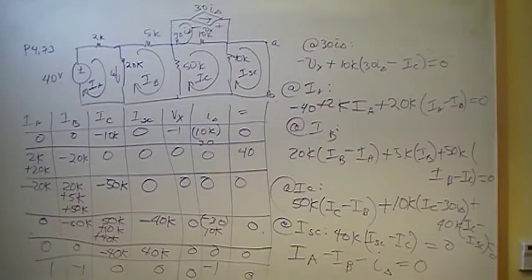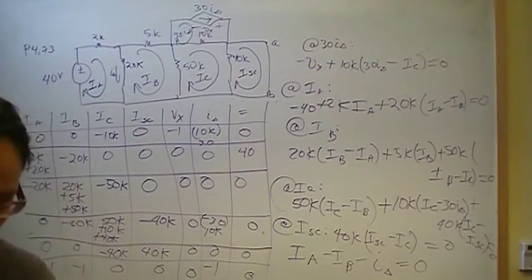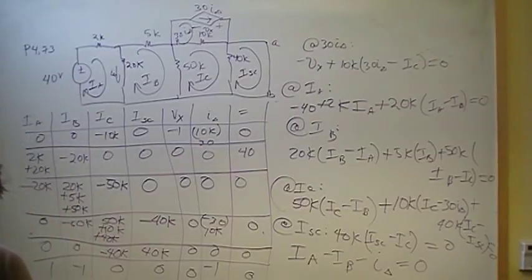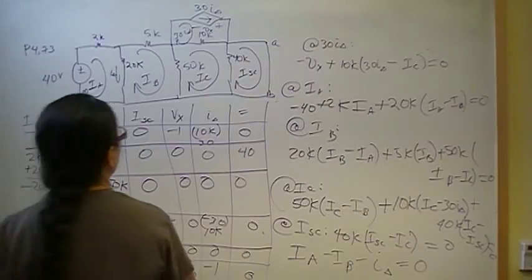Then last line is 1, negative 1, 0, 0, 0, negative 1, and 0. Solve. Okay, let me make sure. 13.6, 12.96, 14, 14, 52, and 640. Okay, so I got the same answer that I got the first time.